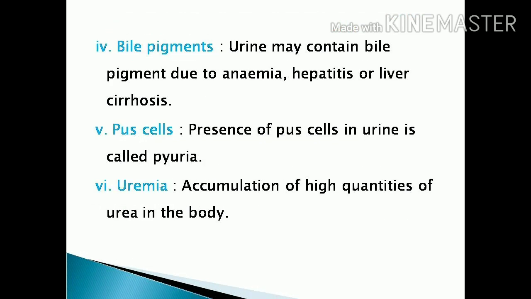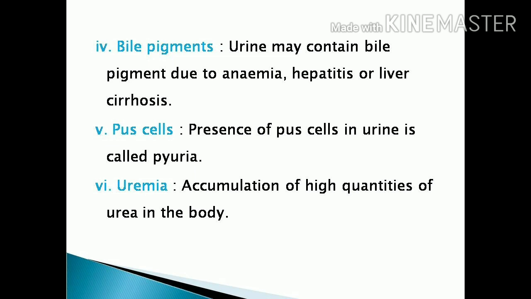Next, bile pigments. They are found in the urine of an individual suffering from anemia, hepatitis or liver cirrhosis.